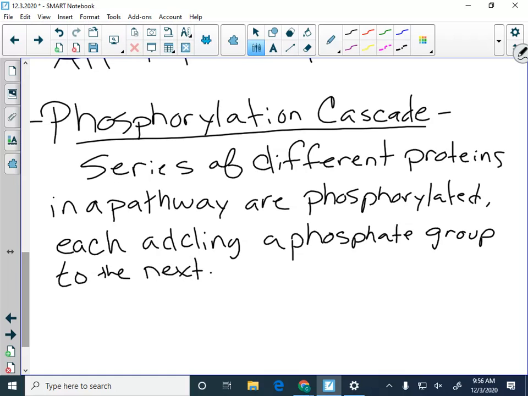So one protein kinase will activate another protein kinase, which will then activate another protein kinase, and so on, and so on, and so on.